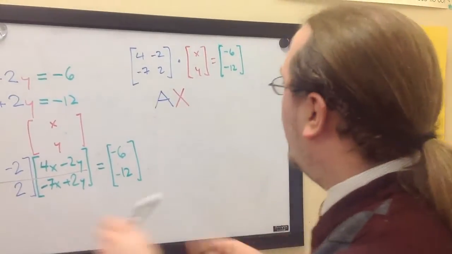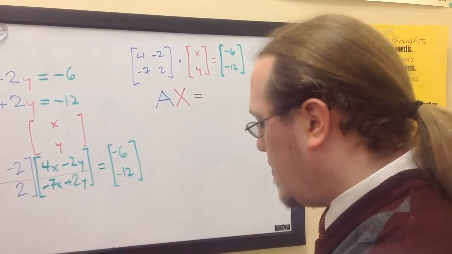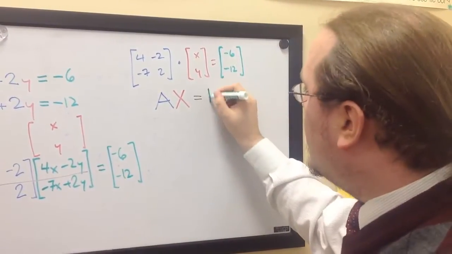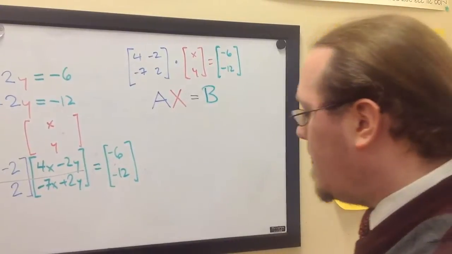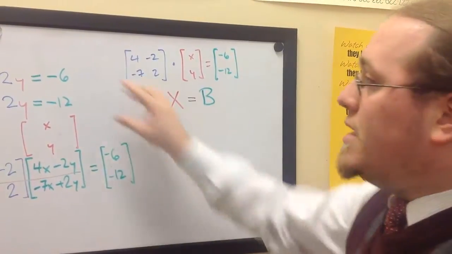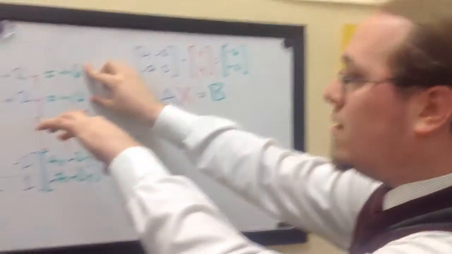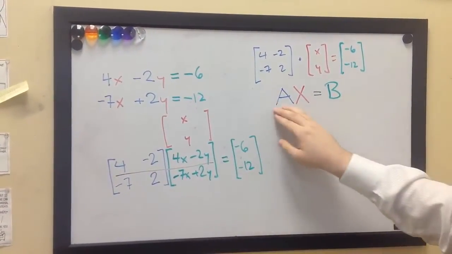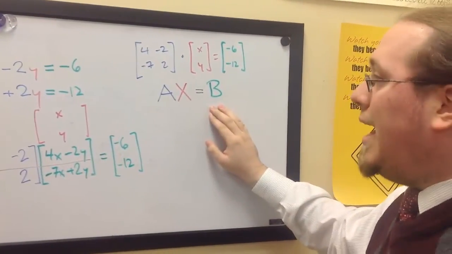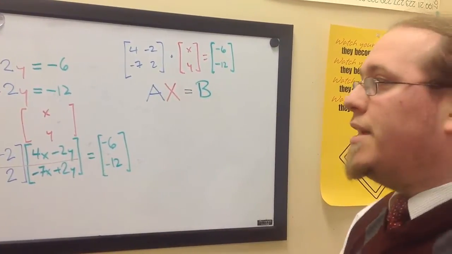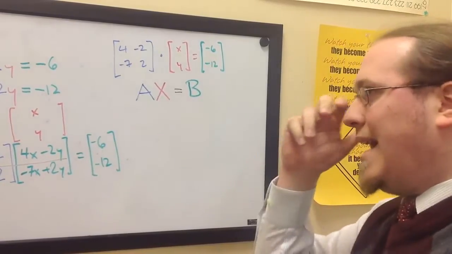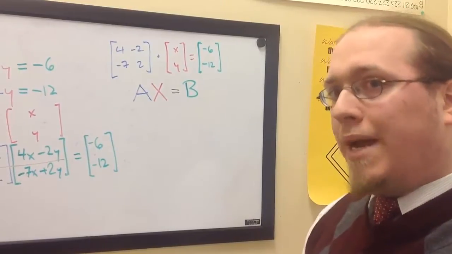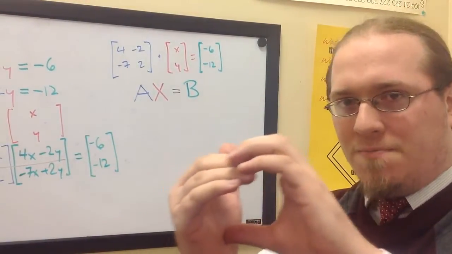And then we'll say that equals B. We'll call this matrix B. So what we've managed to do is take this system of equations, which was 2 different equations, and reduce it down to 1 equation. And this could extend so many different ways. In real life, you might have an equation with 12 different variables and 12 different equations, but if you put them in a matrix, it still goes down to 1 equation, like that.